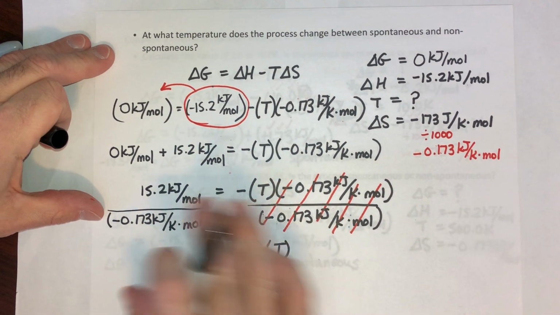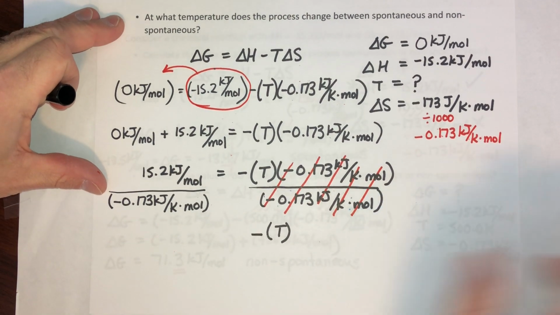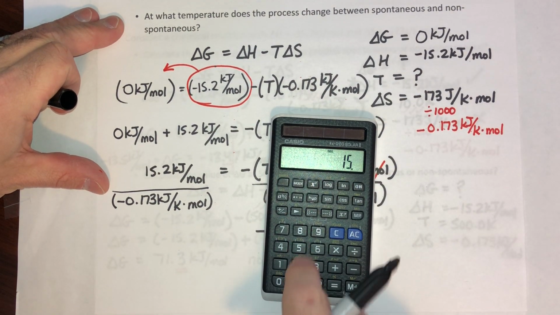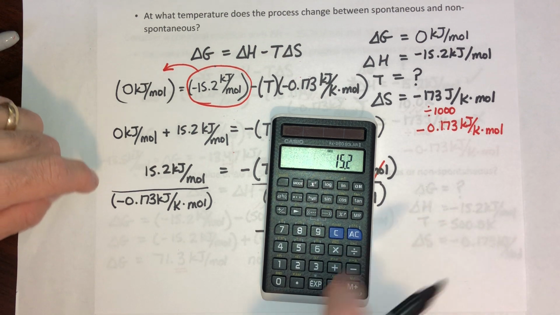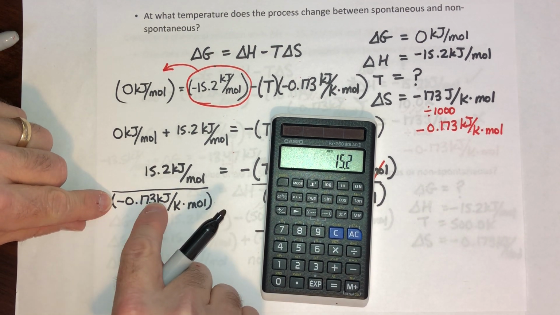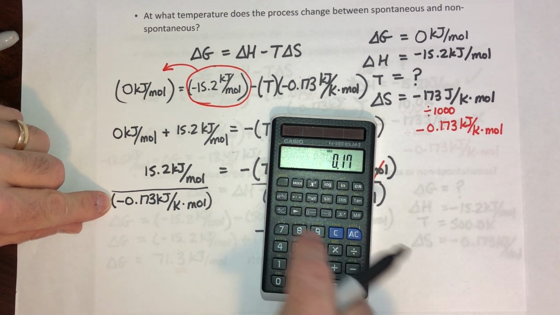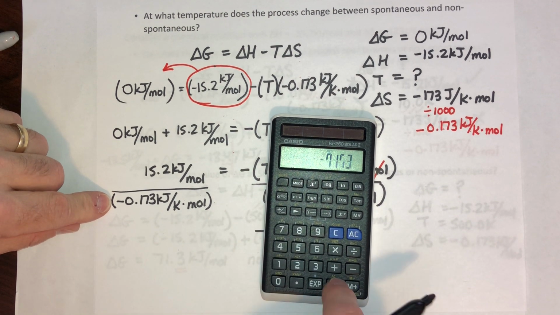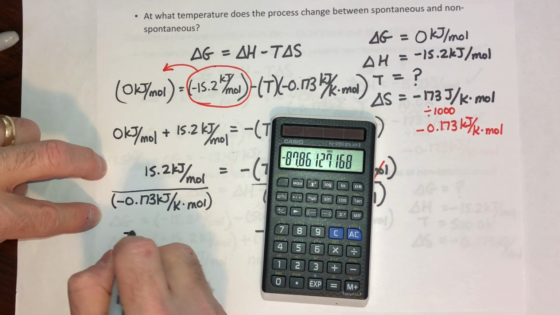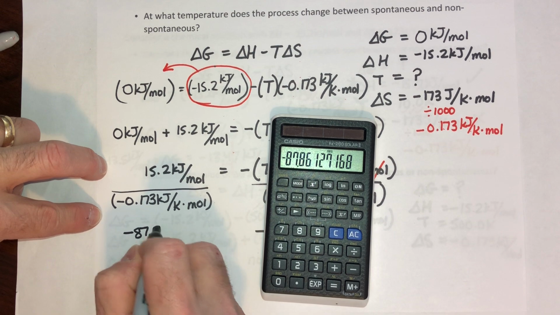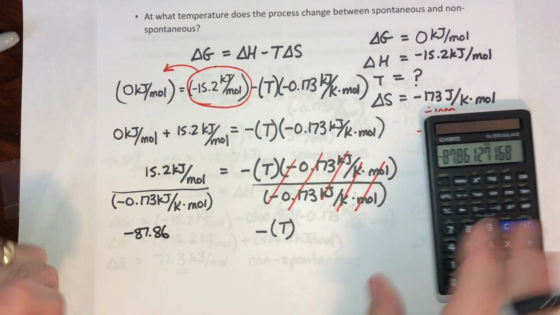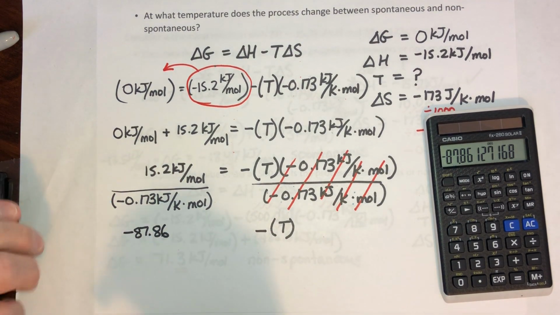Now over here, we'll pull out our calculator. So if I've got 15.2 divided by a negative 0.173, so 0.173 negative, equals, that's a negative 87.86.